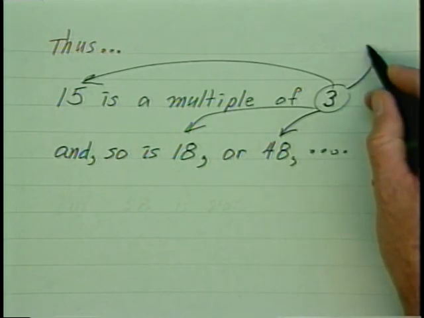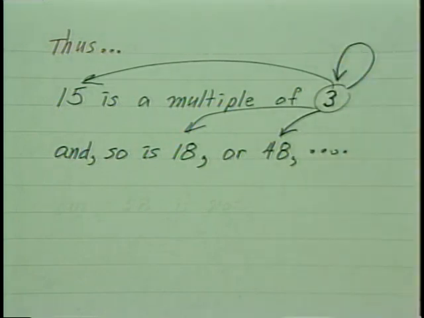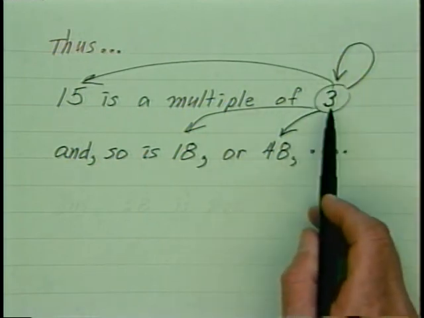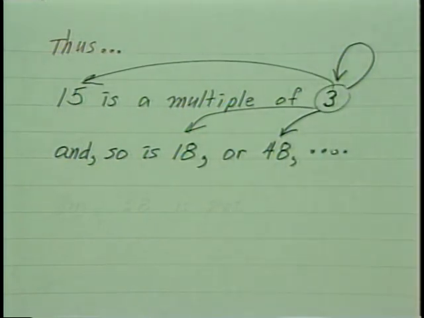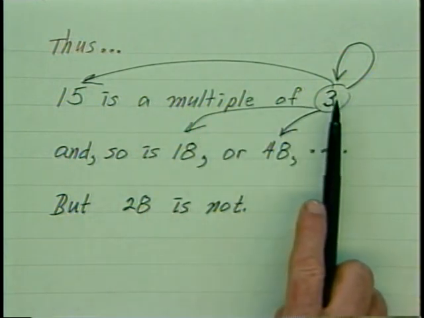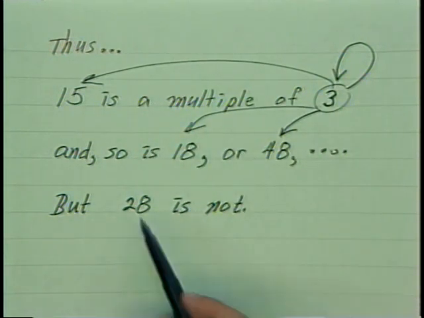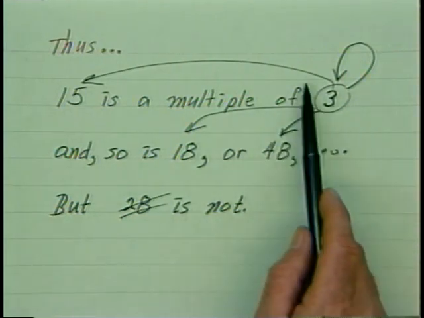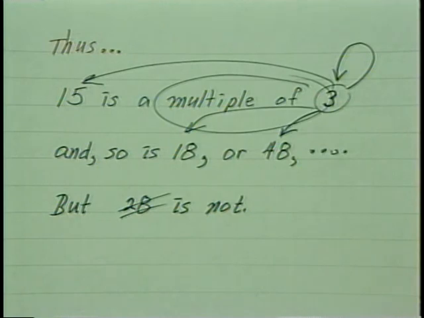And of course you can see that 3 is a multiple of itself because 3 certainly goes evenly into 3 once. But say a number like 28 is not a multiple of 3 because 3 will not divide into 28 evenly. Are you beginning to feel comfortable with this word multiple?